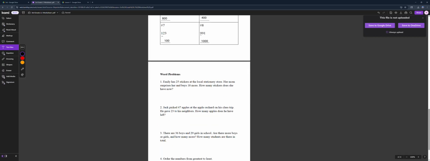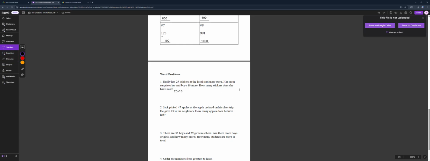And some word problems. Emily has 25 stickers at the local stationery store, and then her mom surprises her and buys 18 more. How many stickers does she have now? This is an addition problem. So we're going to add the 25 she had plus the 18 she got from her mom.